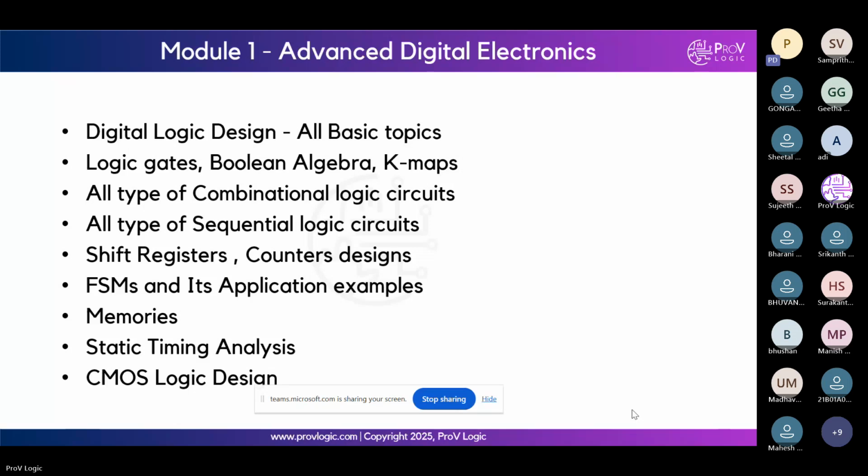Now CMOS has evolved. We were using MOSFETs, but the industry has moved into another variation of transistors called FinFETs. So we will be discussing the working and operation of a MOSFET and why we have moved from MOSFETs to FinFETs.